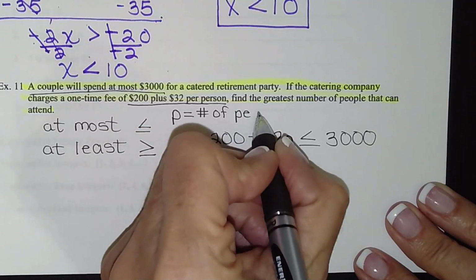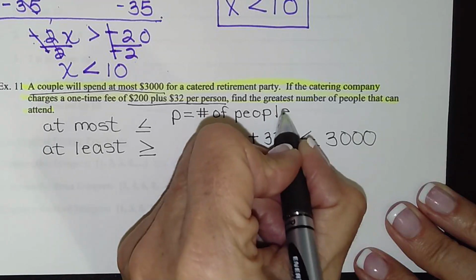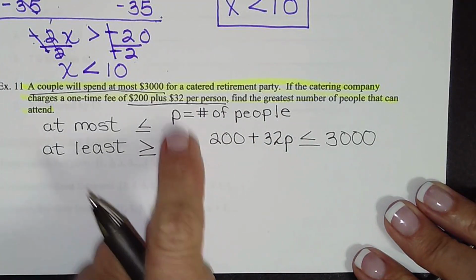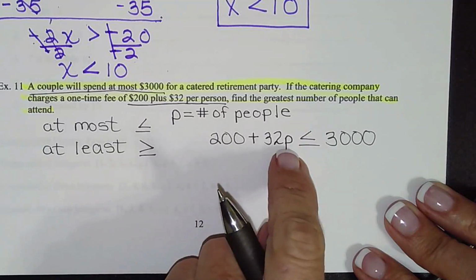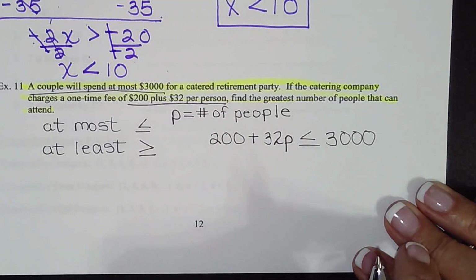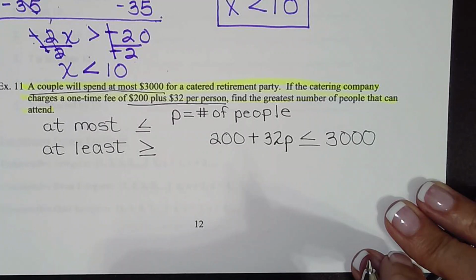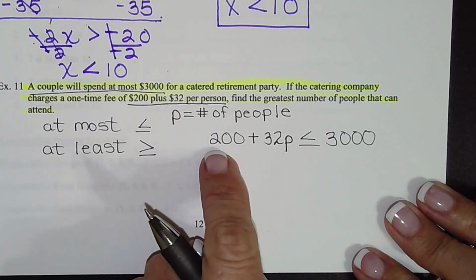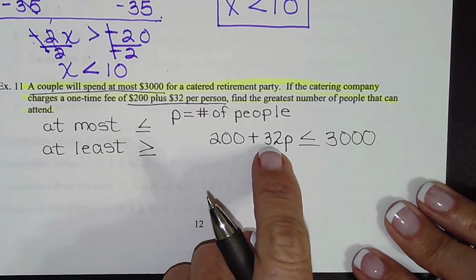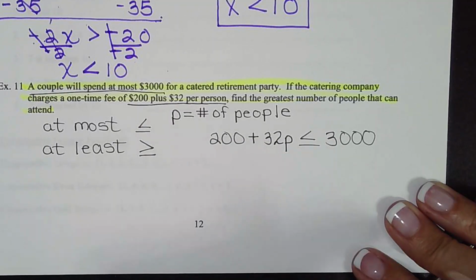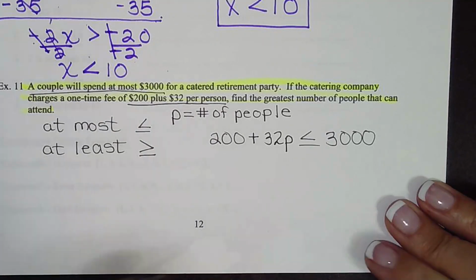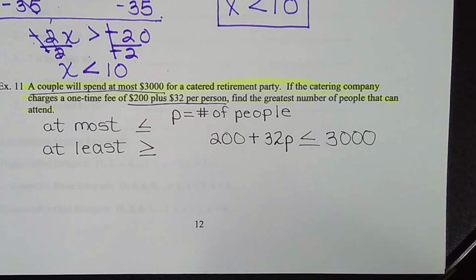The minute I put a variable in an equation of a word problem, I need to write what P stands for. That's why I picked P. So P is the number of people. So 200 plus $32 times every person that comes to the event. So writing inequalities is just as easy as writing an equation.